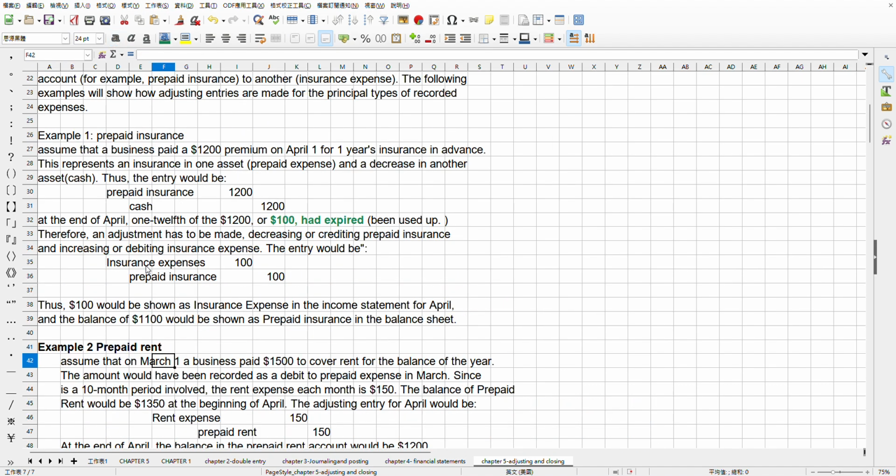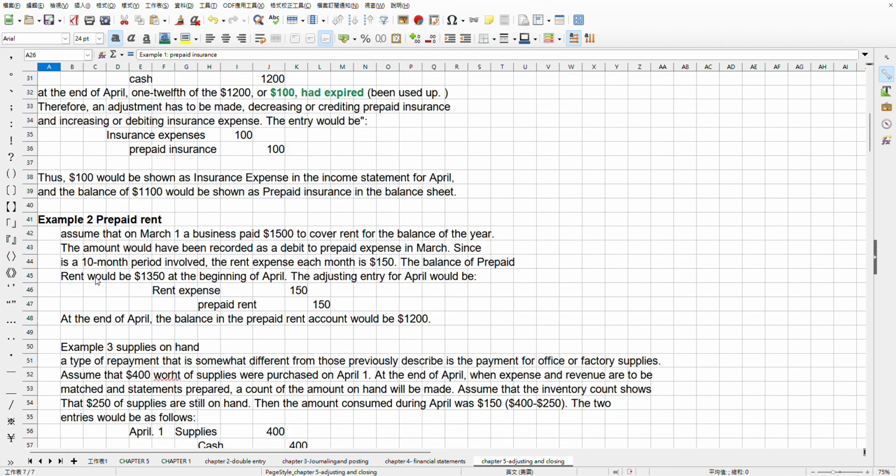Example 2, prepaid rent. Assume that on March 1 a business paid 1,500 to cover rent for the balance of the year. The amount would have been recorded as a debit to prepaid rent. Since a 10-month period is involved, the rent expense is $150 per month.